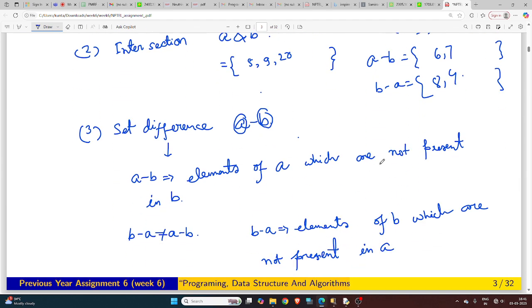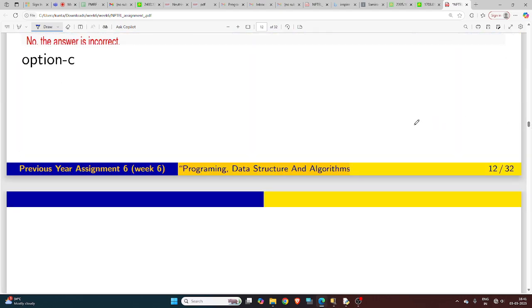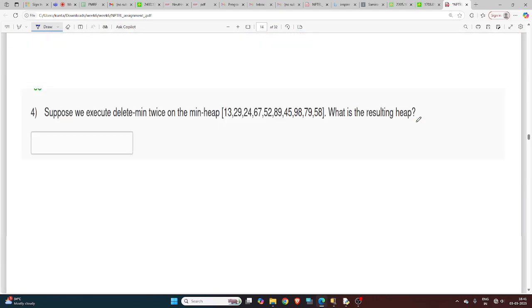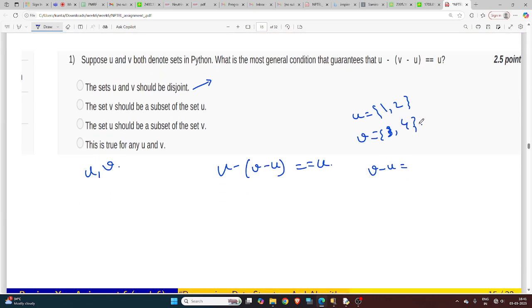Elements of A which are not present in B. So elements of V which are not present in U. So elements of V, 3 and 4. These two are not present in U because both are disjoint sets. So V minus U is 3 and 4, which is V.